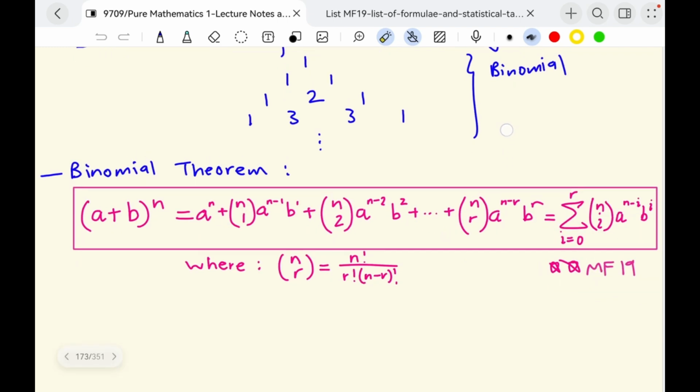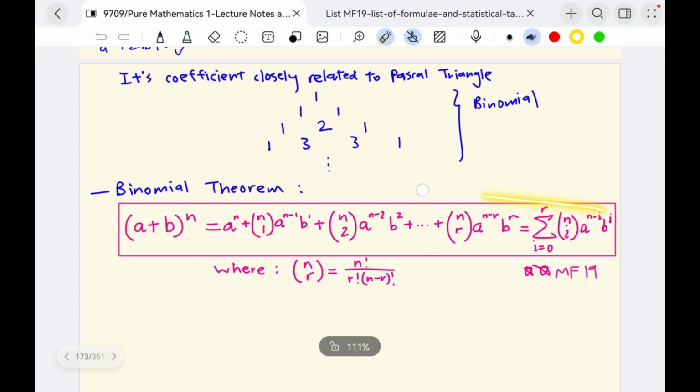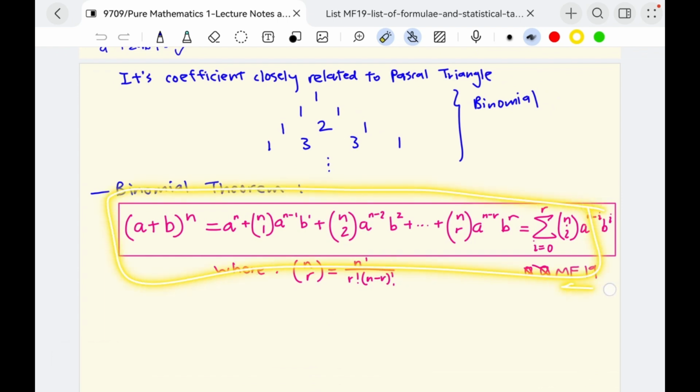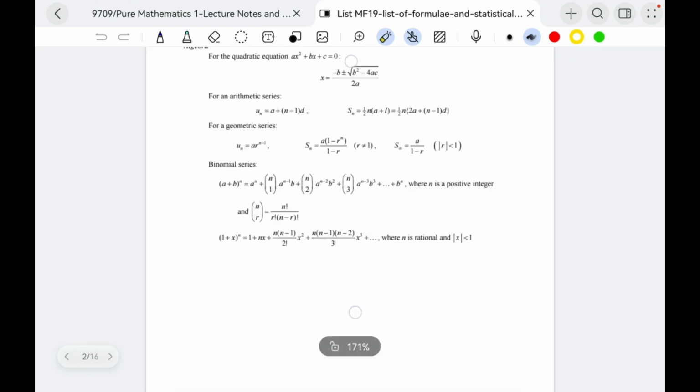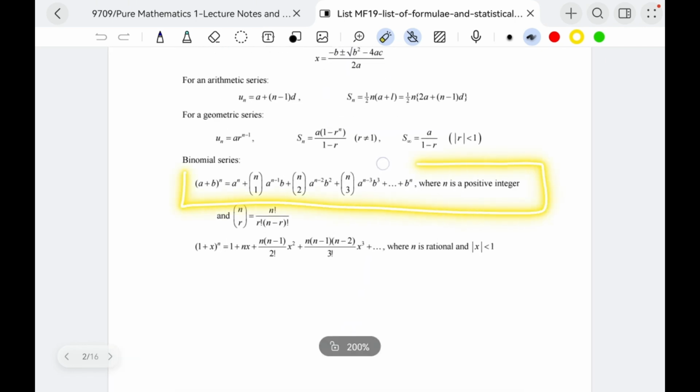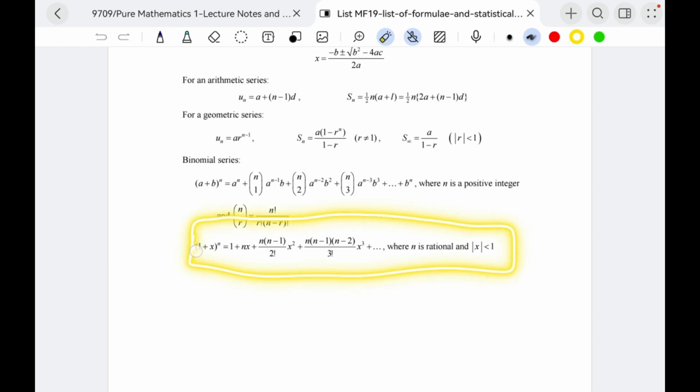Of course, this binomial theorem formula exists in MF19. So let's refer to MF19. Here it is, as I have highlighted over here, where n is a positive integer. For the formulas highlighted over here, for the AS phase, you don't touch it first because this is the A2 syllabus.